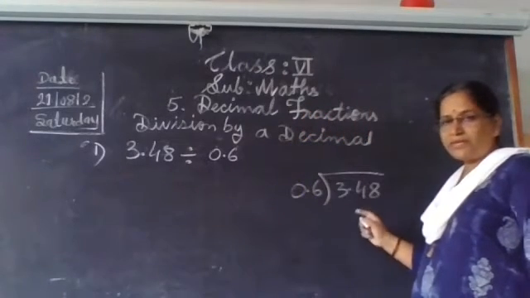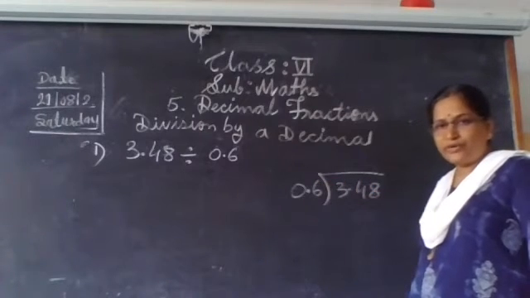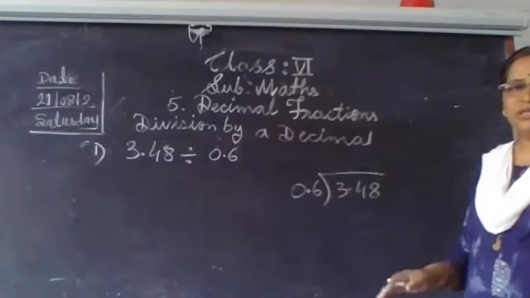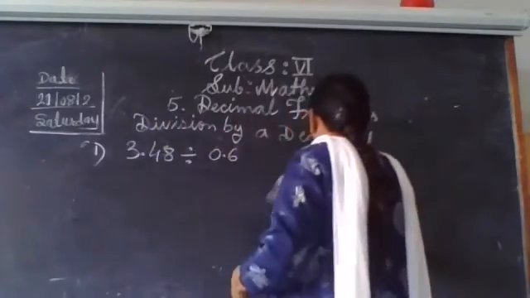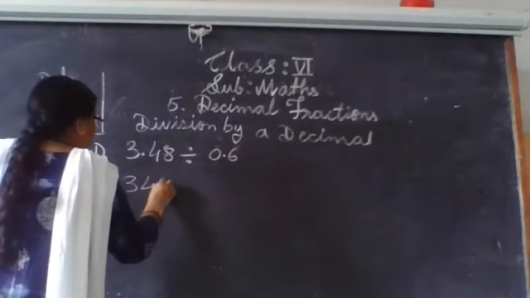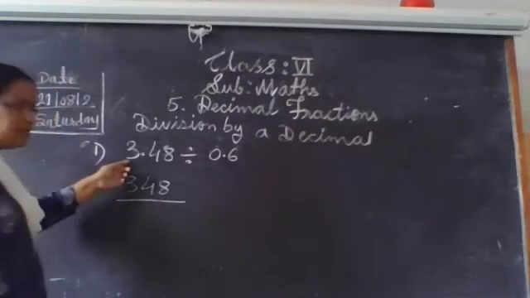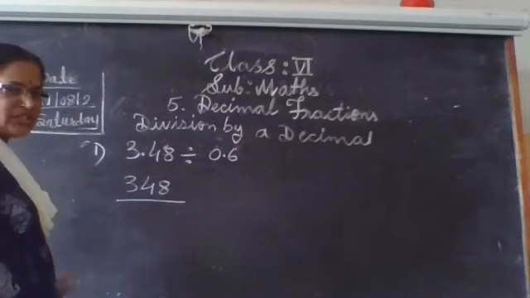So can you solve this, beta? 0.6 and here is 3.48. So it is better to remove the decimal point. See beta, 3.48 is a decimal fraction.